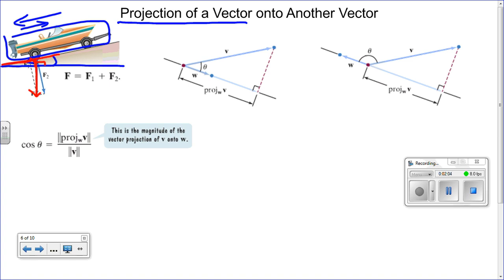And so what we do is we're going to project the vector in red. So I'm going to trace the gravity one again.